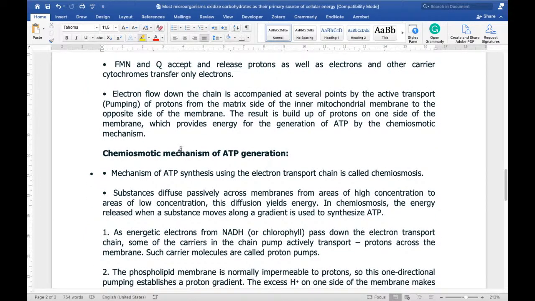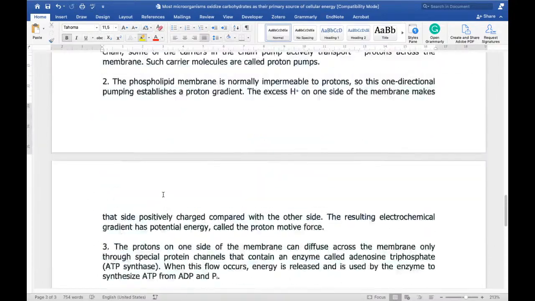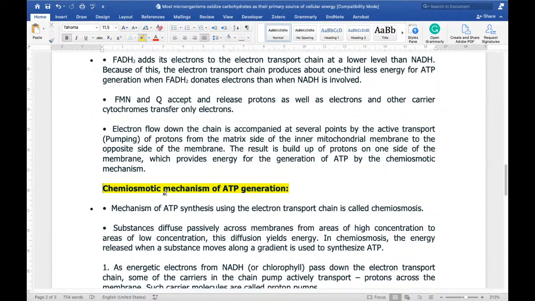So, the chemiosmotic mechanism of ATP generation: what is really happening is a mechanism of ATP synthesis using the electron transport chain. This mechanism of ATP synthesis using the electron transport chain is called chemiosmosis.